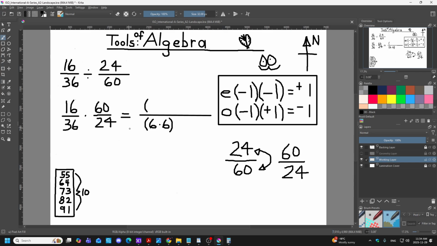I believe in you. Now, I'm going to pair these numbers together, whole numbers. 4 times 4 is 16, right? And we know that 4 times 6 gives us 24. So I'm going to break 16 into 4 times 4. I'm going to do this with all the values.